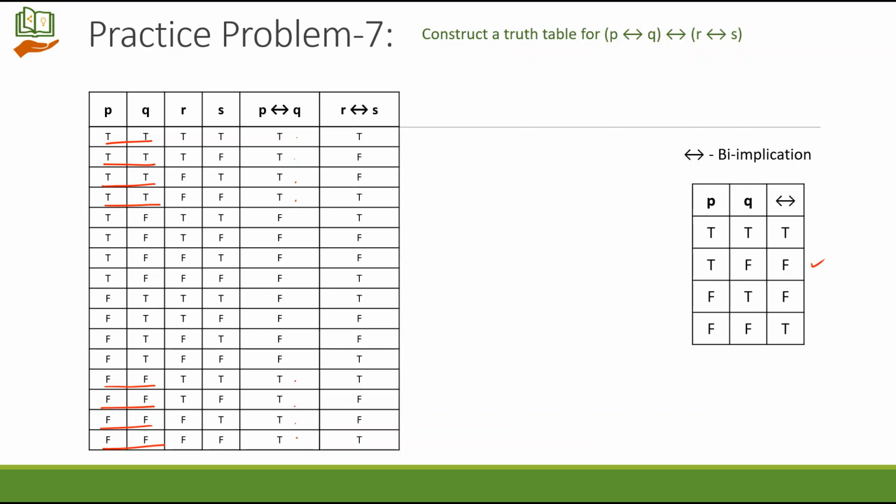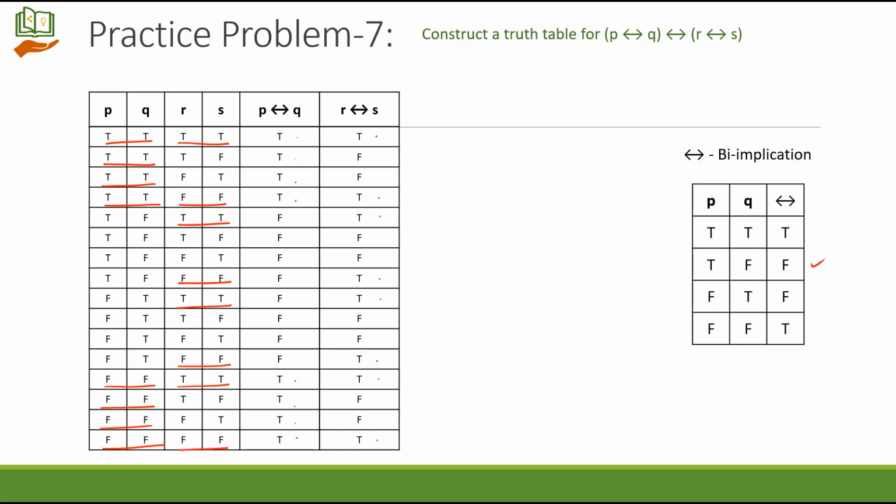Now let's get into the expression R implies S. So wherever you find true, TT is here, FF is here. So again TT and FF, then TT and FF, then TT and FF.